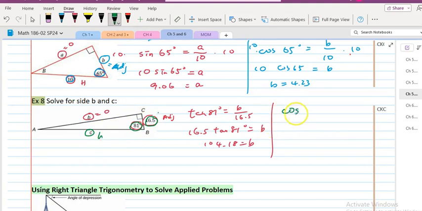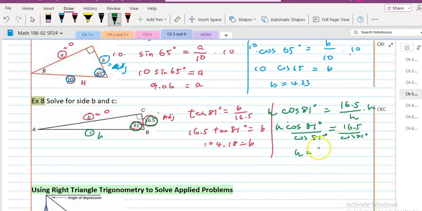Cosine 81 is equal to A over H. Now this is more difficult because the number is not here, but I still multiply by H on both sides. H cosine 81 degrees is equal to 16.5. But to find H, I have to divide one more step, divide by cosine 81 degrees.